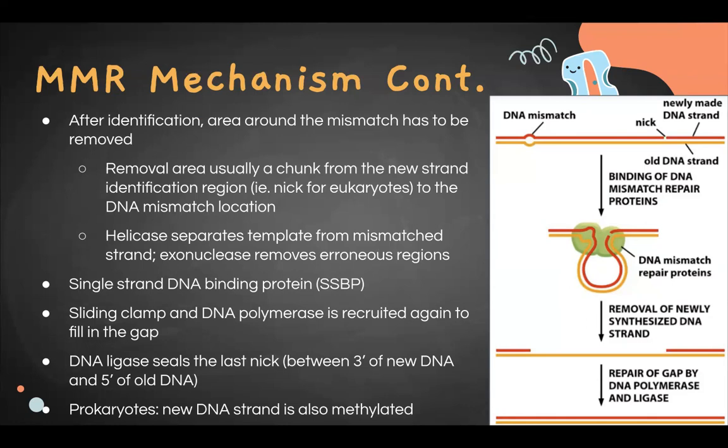So you can see that this bubble over here is where the mismatch happens. And then this is a nick in the DNA that the DNA ligase hasn't sealed after DNA replication. So what happens is that a complex of proteins takes the mismatch area and the nick, and then an exonuclease can come in and chew the newly synthesized DNA from the nick to the mismatched nucleotides.